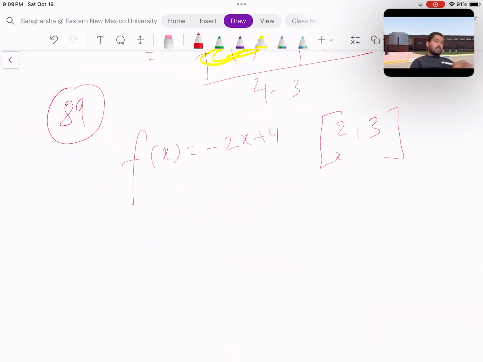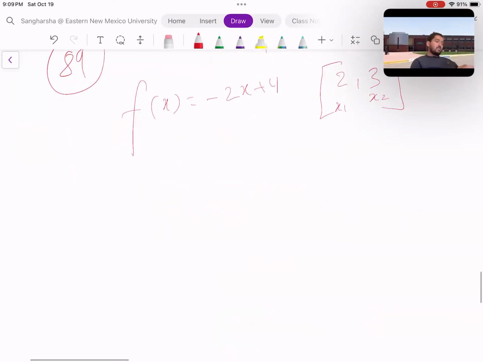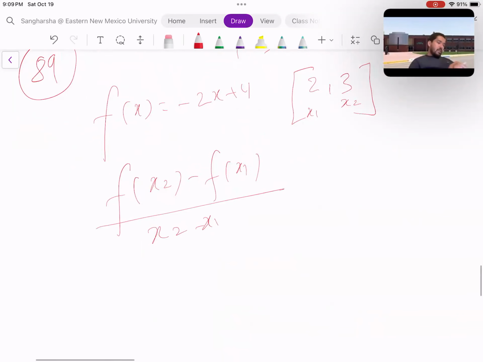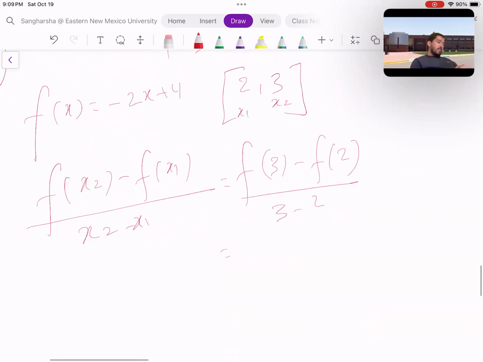So you call this x1, you call this x2. The formula is f of x2 minus f of x1, divided by x2 minus x1. Okay, so we have 3 more minutes. Let's substitute x2, x1. So f of 3 minus f of 2, divided by 3 minus 2. Now you use this function to find f of 3.